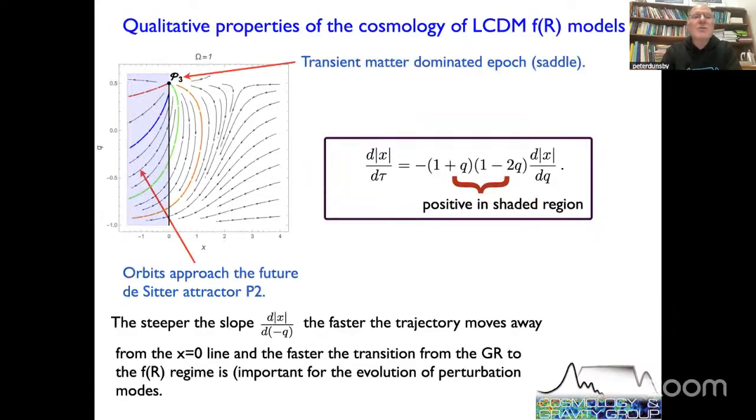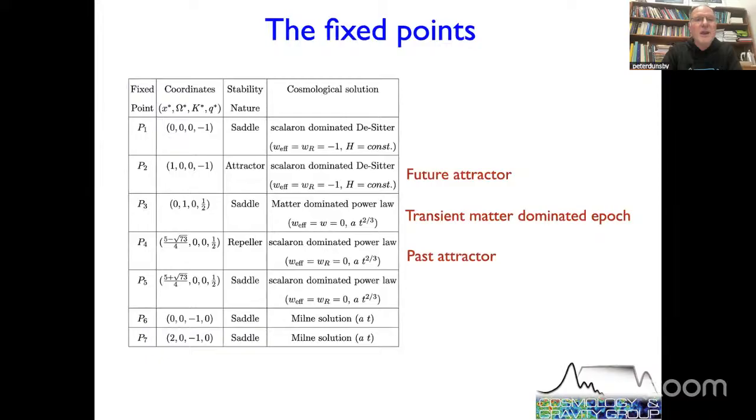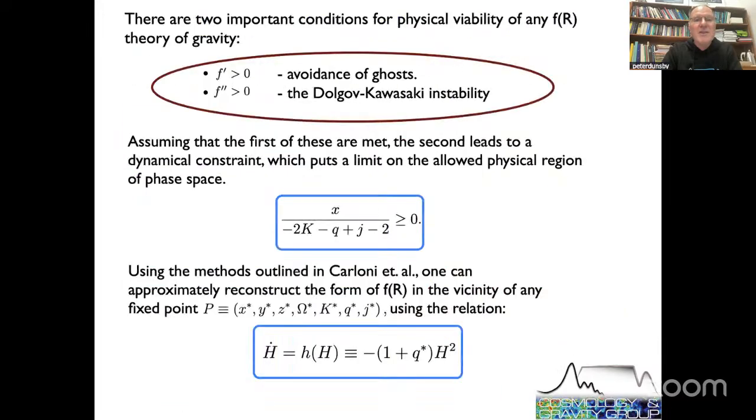And then you can plot your phase portrait. So this is a projection. It's a three-dimensional phase portrait in general, so you have to look at just projections of that phase space. But it allows you to show that constraint which I wrote down on the phase space, which arises from the conditions for physical viability of f of R gravity.